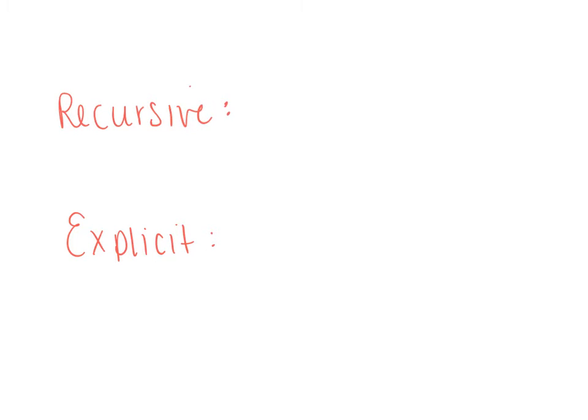This first example is going to be teaching us how to write a recursive rule. A recursive rule relies on previous terms. And with an explicit rule, you can find any term without needing a previous term.